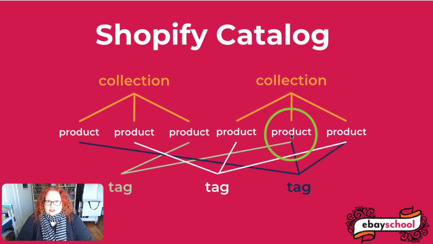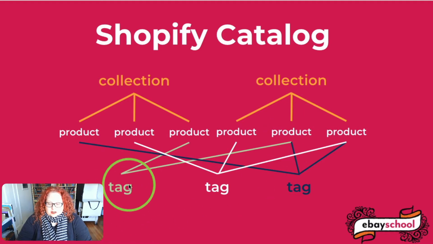And somebody can search on green and they'll see all the green books and all the green stamps and all the green birds and all the green turtles and whatever your collections are. So tags can sort of overpower collections to find things easily for your customers.